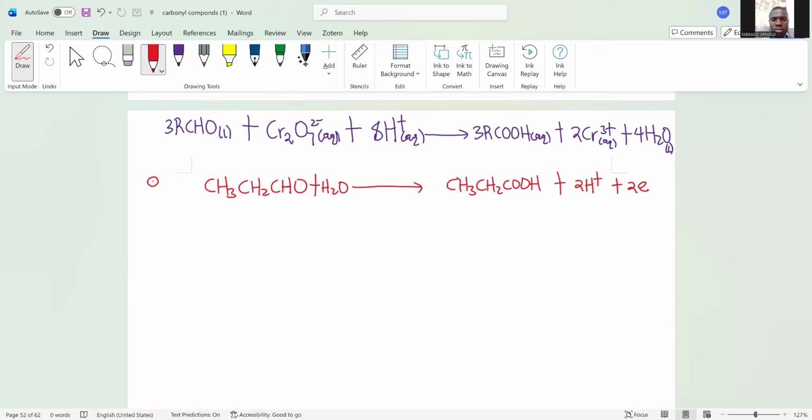Then for dichromate 6, dichromate 6 is taken to chromium 3 ions. I put a 2 to balance atoms of chromium. I also put 7 H2O, because of the 7 atoms of oxygen, then I add 14 hydrogens this side.